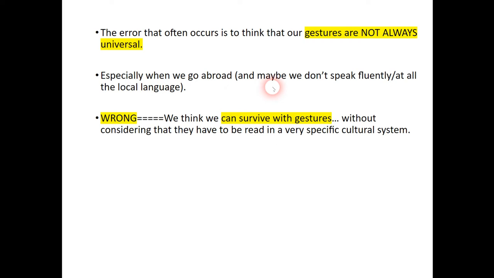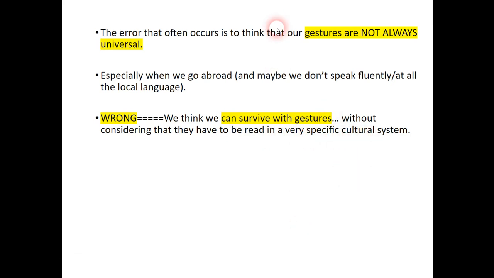Maybe we don't speak fluently at all, so we use gestures. Often we think that we can survive just using hand language or gestures without considering that they have to be read in a very specific cultural system.